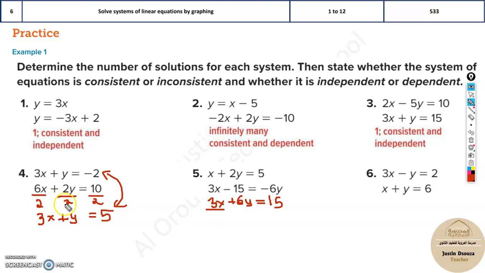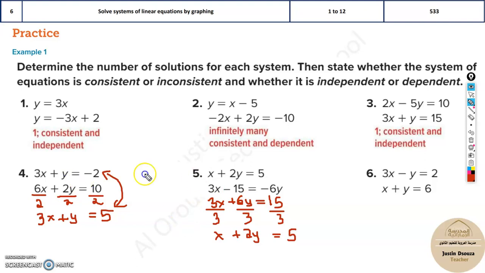Don't think it's just dividing by 2, it depends on the numbers. Over here, I need to simplify this as much as I can. So divide by 3 over here, over here and over here. So now what you would be able to see is x plus 2y equals 5.